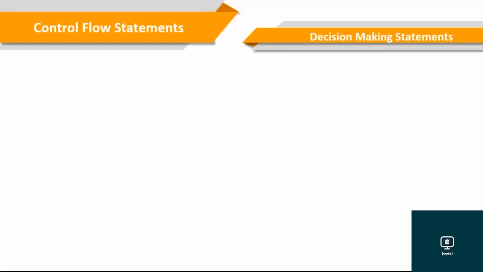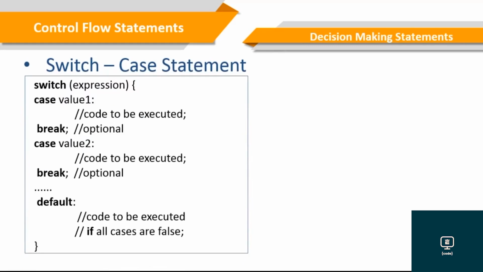Now, in this section, we're going to learn how to use the switch case statement and understand how to control the flow of our program's execution. Switch case statement. It'll execute one statement from multiple conditions. So it's like an if-else-if ladder statement that you learned in the previous lecture.